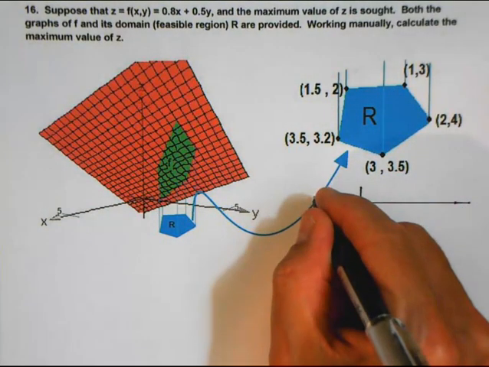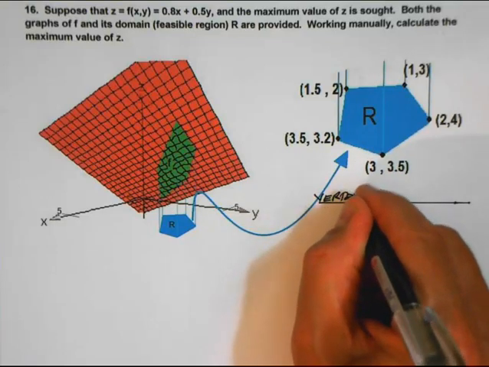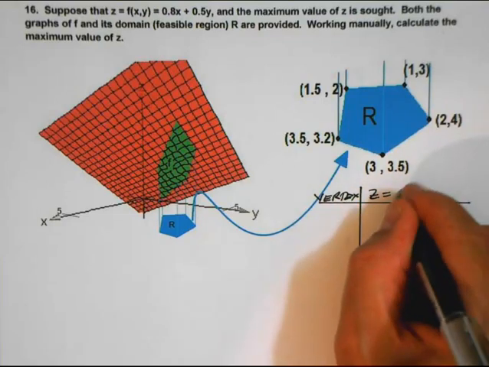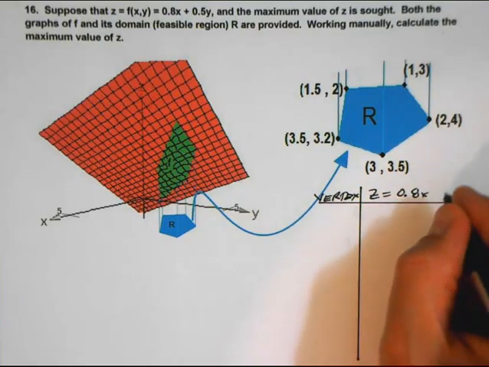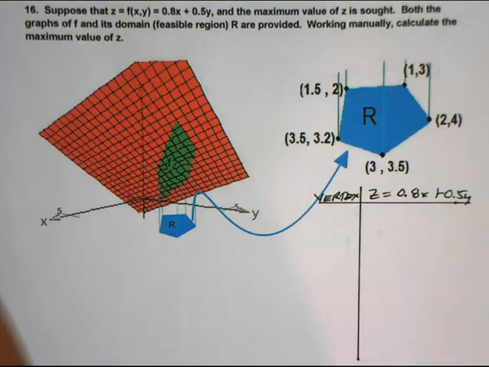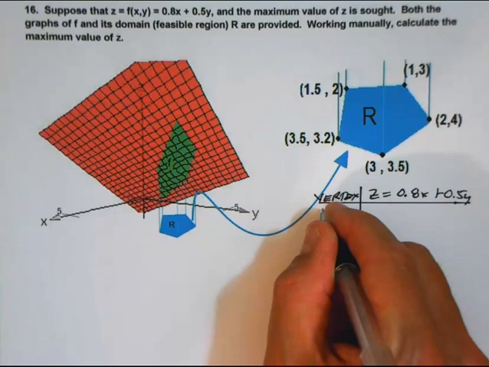The table will have the vertex listed here, and z equal to 0.8x plus 0.5y here. Let's perhaps start here. Three vertices, we'll just put them all in the table to begin.